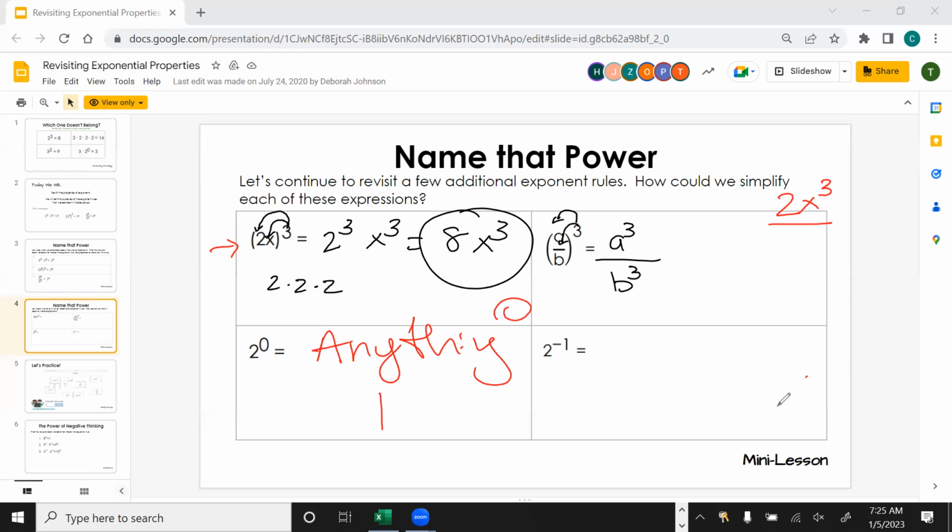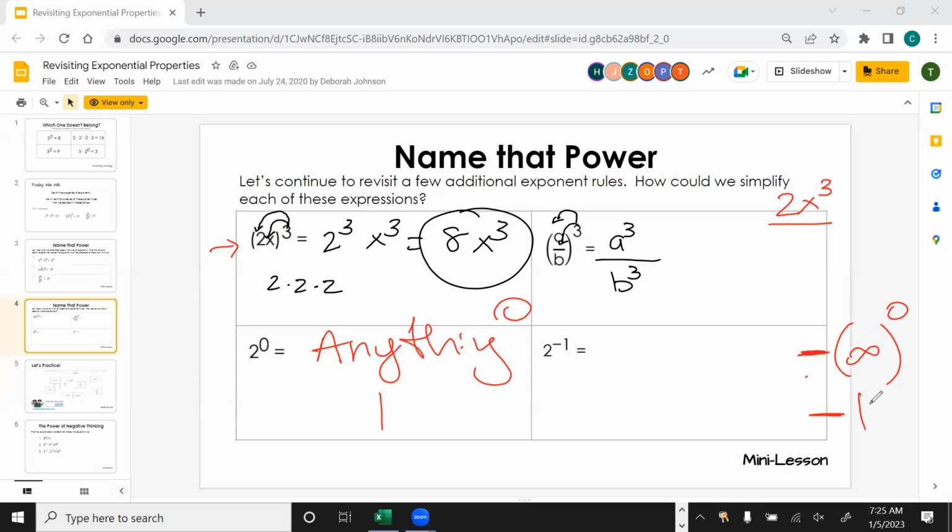The only instance that it would be -1, I'm not trying to confuse you, but if they have a parentheses and they got a negative out here and they got something in here and they raise it to the 0 power, then this would be -1.